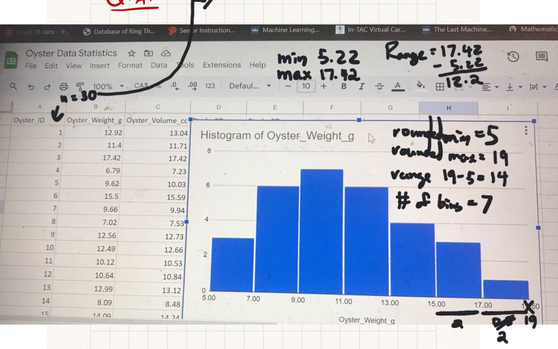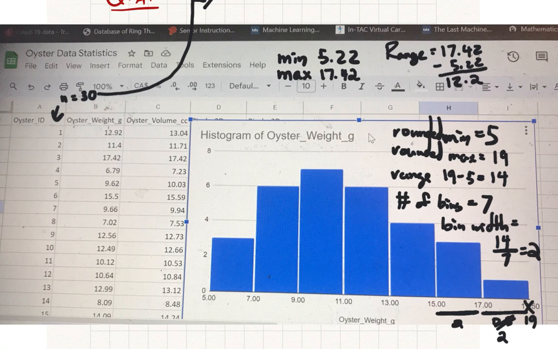So if we decide that the number of bins is 7, that's around square root 30. 5, 6, 7, something like that is a good choice. Then our bin width is going to be our range, which is 14, divided by the number of bins, which indeed, as you can see below, is 2.